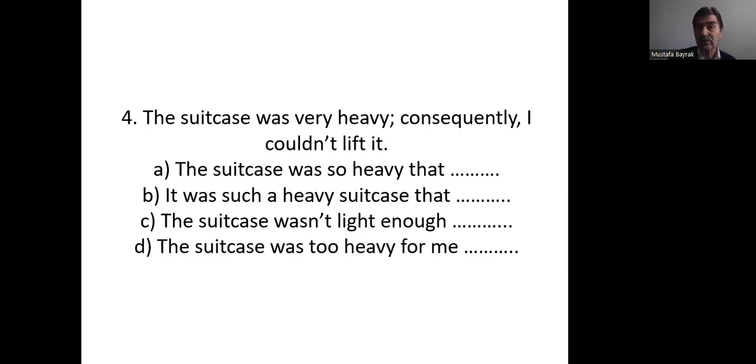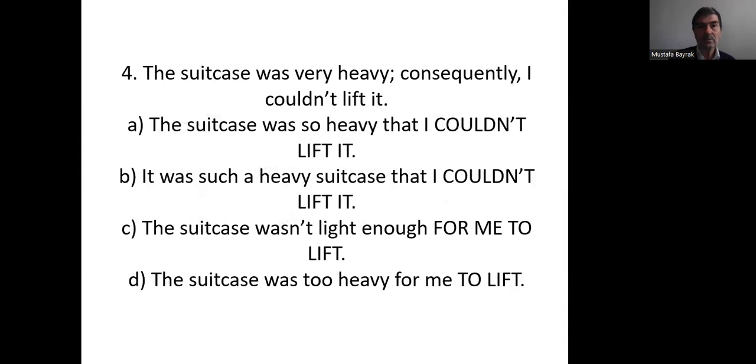Too adjective to do, adjective enough to do, and such a adjective noun that, and so adjective that. Okay, this is the key.